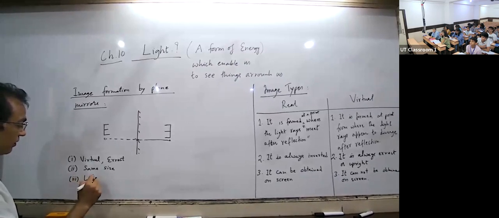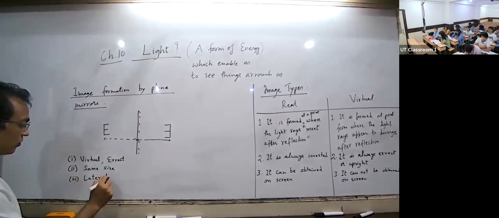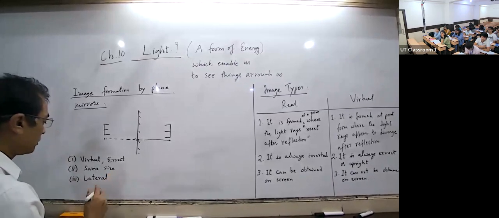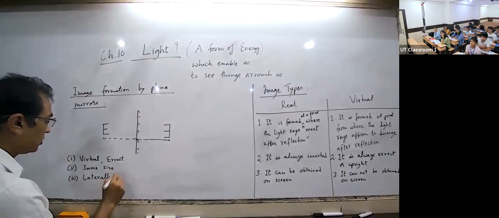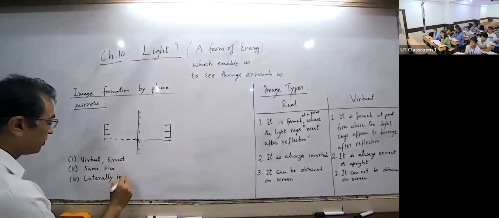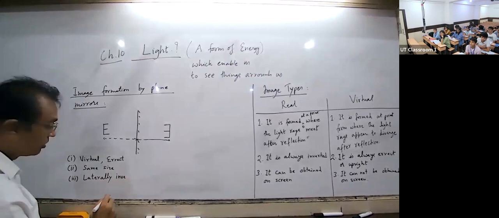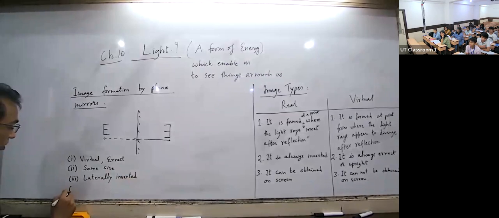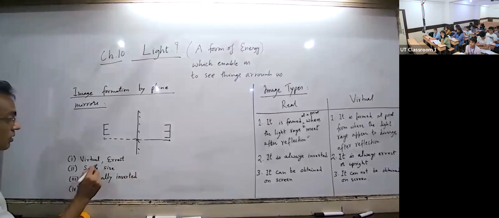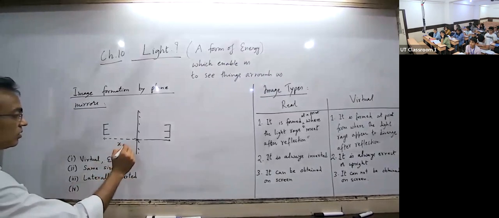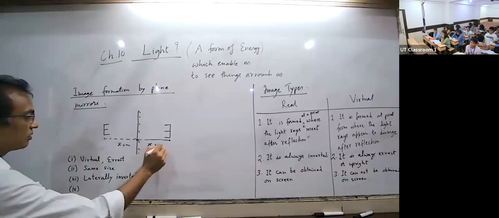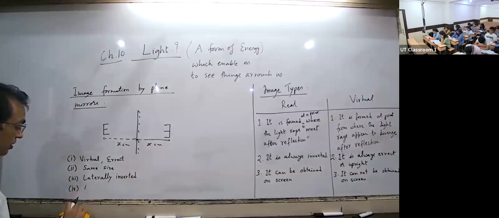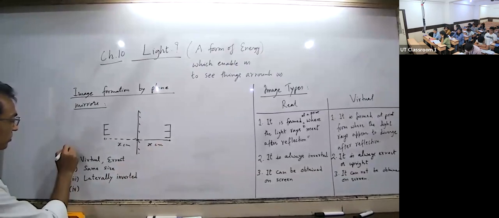Laterally inverted. Is it double L or single L? Inverted. Double L. Yes. And this distance is x centimeter. This also will be x centimeter. Same distance.